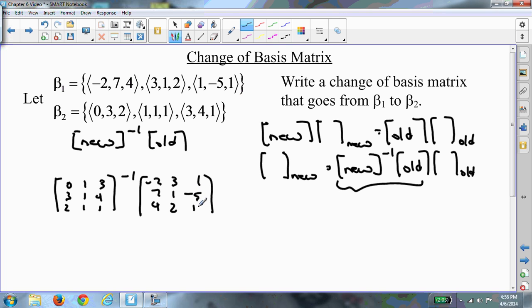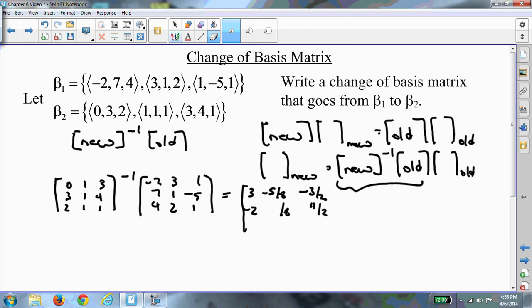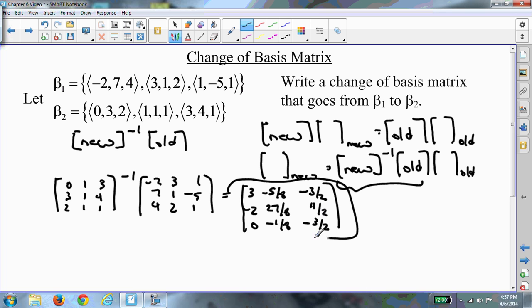And so if I multiply that together, I get the matrix 3, negative 5 eighths, negative 3 halves, negative 2, 27 eighths, 11 halves, and 0, negative 1/8, and negative 3 halves. So that would be my change of basis matrix from beta 1 to beta 2.